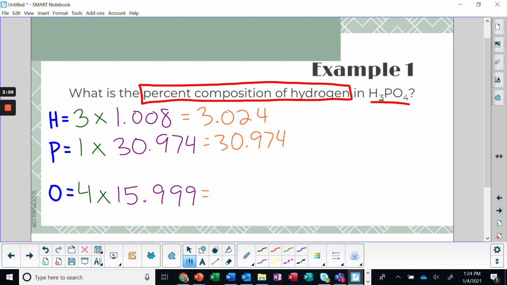And then 4 times 15.999. Alright, so there's step 1, right? Find the mass of each element in the entire compound.